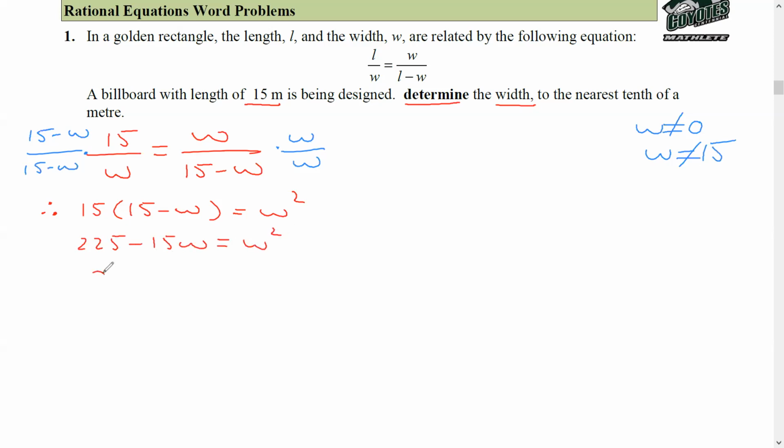I'm going to move everything to the right-hand side because W squared is positive over there. Okay, just like that. And so now I say to myself, okay, look at this thing. This is a trinomial. This is something that I should be able to factor. So to factor this, again, I'm saying I need two numbers that multiply to negative 225 and add to 15.